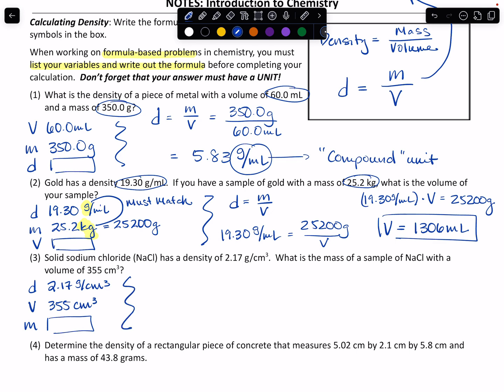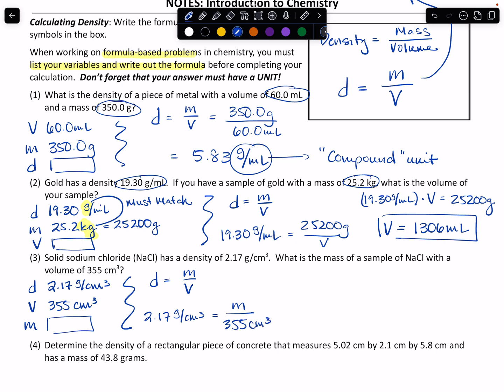We check our units. We have centimeters cubed for the volume, and that is also in our density. So we don't need to do anything there. We're just going to set up the problem. So we write out our formula. Density is mass over volume, and we have 2.17 grams per centimeter cubed equals an unknown mass divided by 355 centimeters cubed.